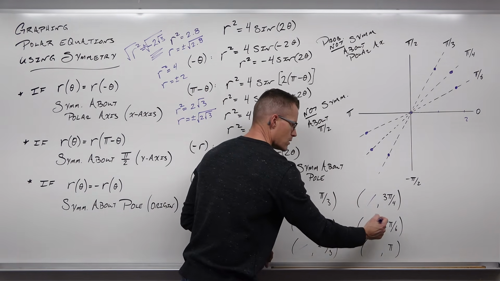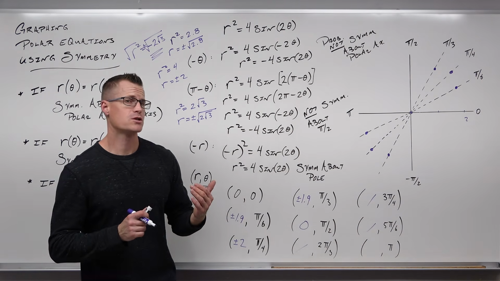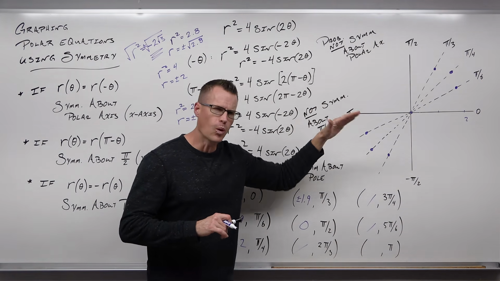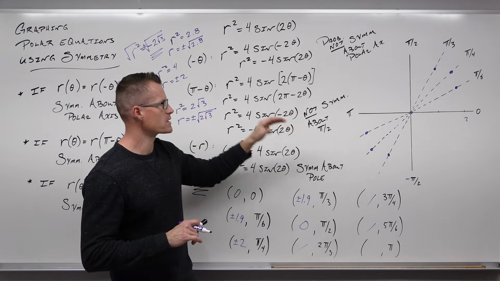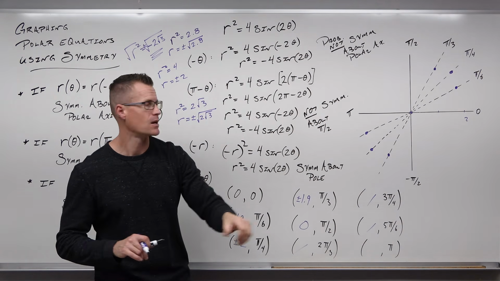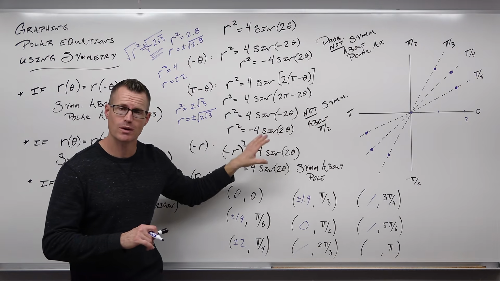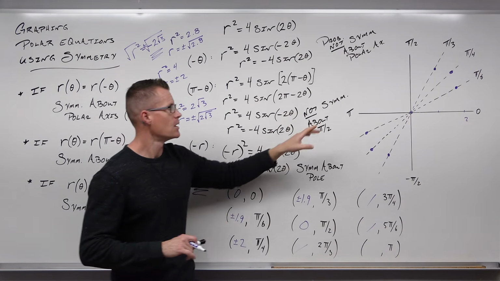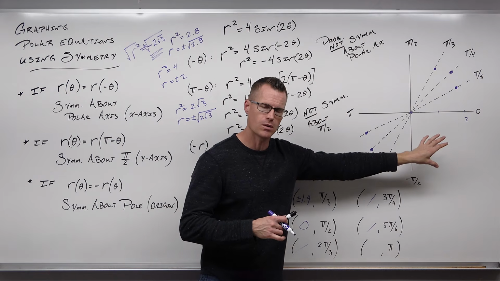These are non-points for you, which is why this graph is only going to exist in 2 quadrants, 1 and 3. 1, because the values of sine are positive and square roots are positive, makes sense. 3, because we know it's symmetric about the pole, and we get those negative r for those angles. 2 and 4 do not exist. Why?